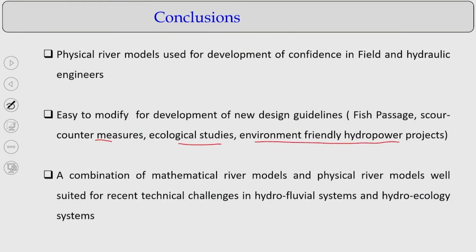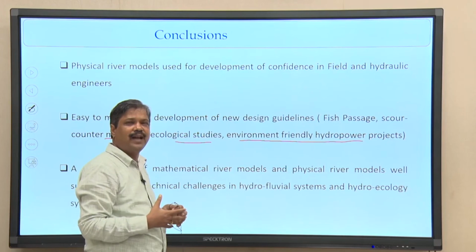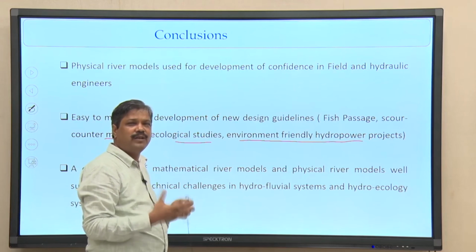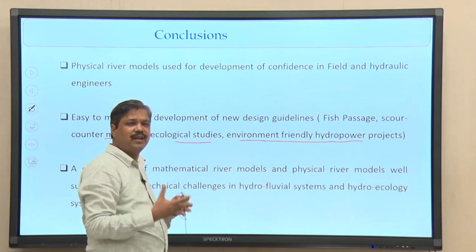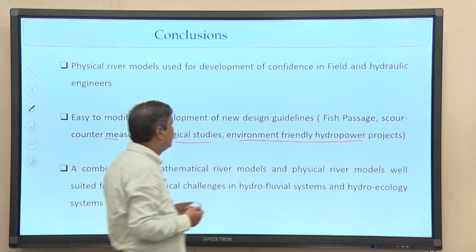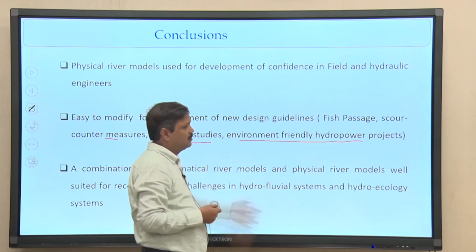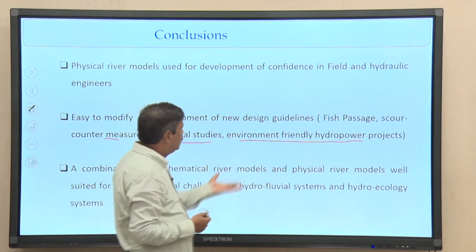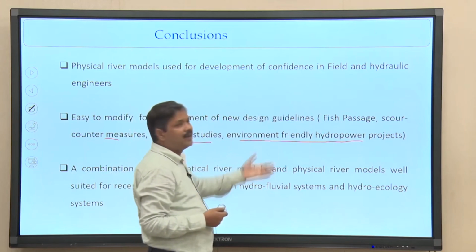Today we are talking about environment-friendly hydropower projects. For all these projects, we cannot rely only on mathematical models, which cannot give a feel-good confidence level for hydraulic engineers or technocrats to implement those projects.